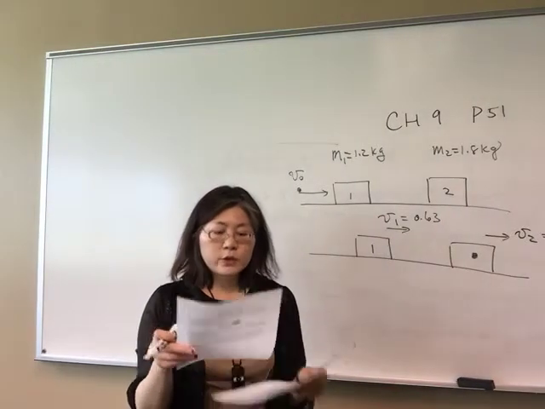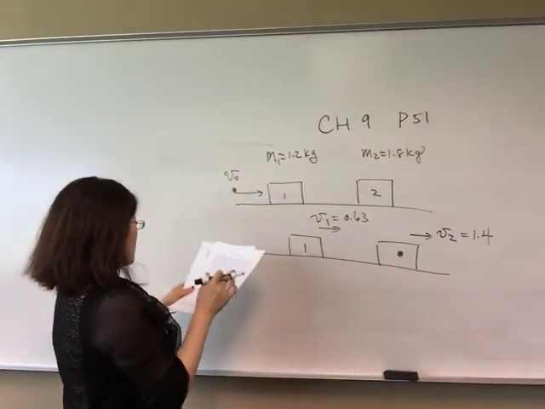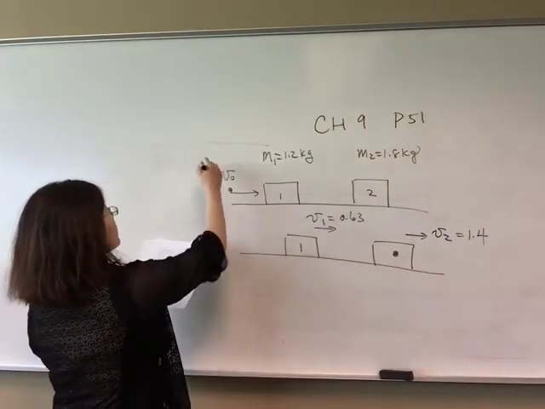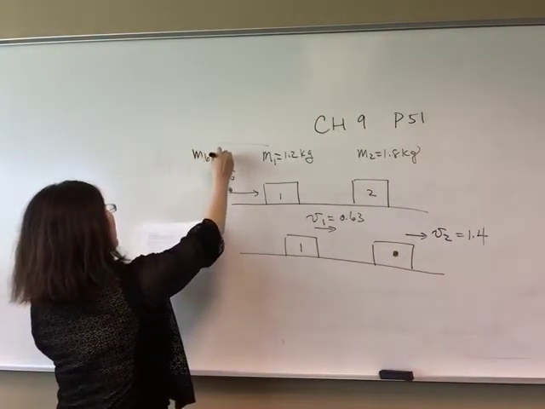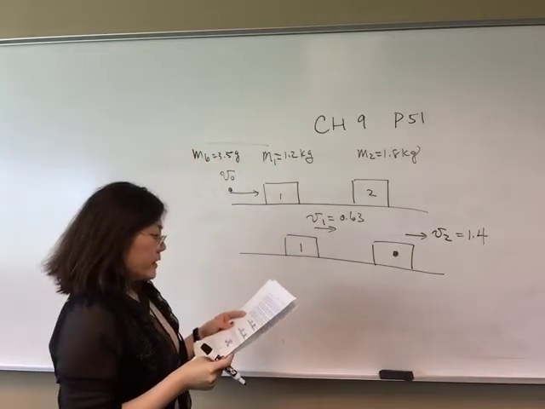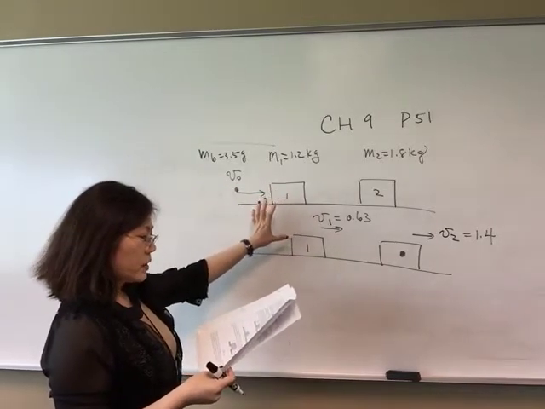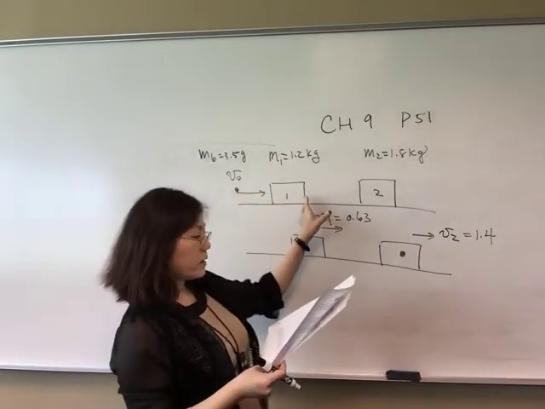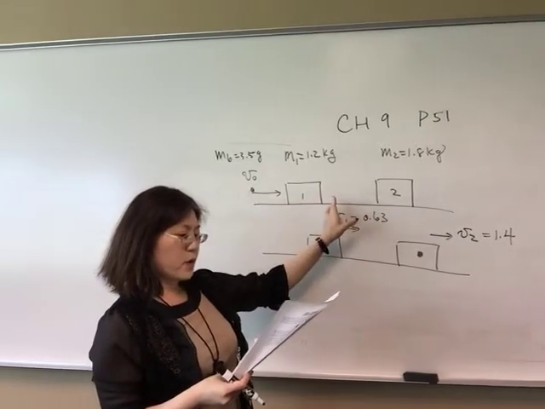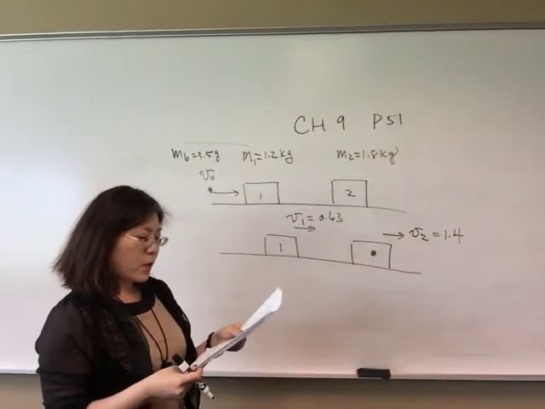Alright, the next one we want to do is problem 51 from chapter 9. In this figure, the mass of the bullet is 3.5 grams. A 3.5 gram bullet is fired horizontally at 2 blocks at rest on a frictionless table. The bullet passes through block 1, with mass 1.2 kilograms, and embeds itself in block 2, mass 1.8 kilograms.